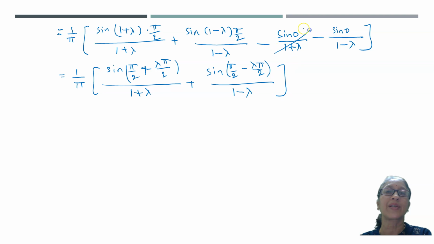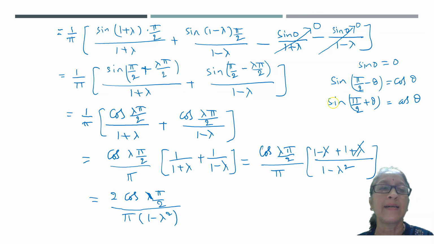Here these terms become 0 because sin 0 equals 0. Also, sin(pi by 2 plus theta) equals cos theta, because pi by 2 minus theta is in the first quadrant and pi by 2 plus theta is in the second quadrant, and in both quadrants the sine equals plus cos theta. So sin(pi by 2 plus lambda pi by 2) gives cos(lambda pi by 2), and sin(pi by 2 minus lambda pi by 2) gives cos(lambda pi by 2).